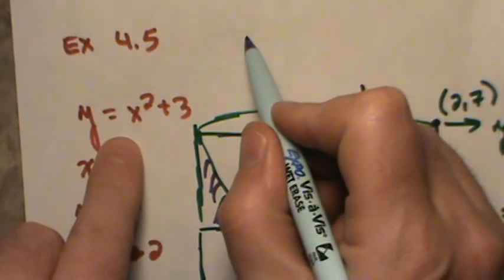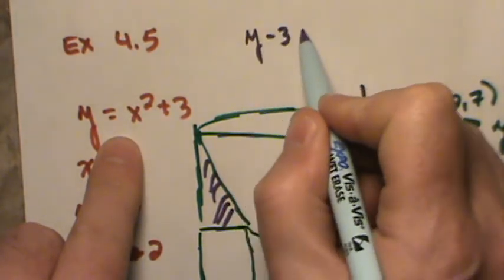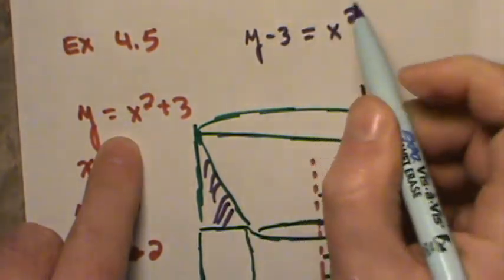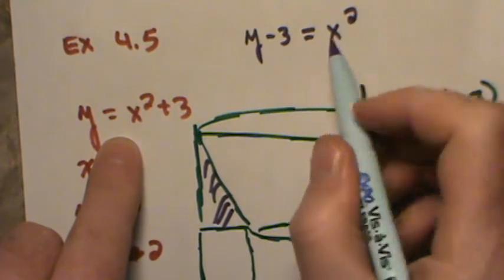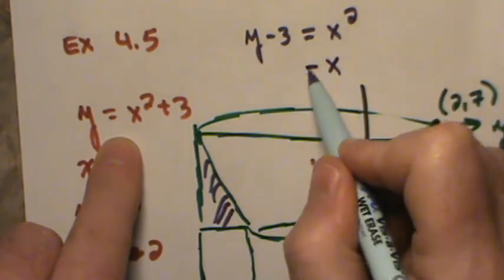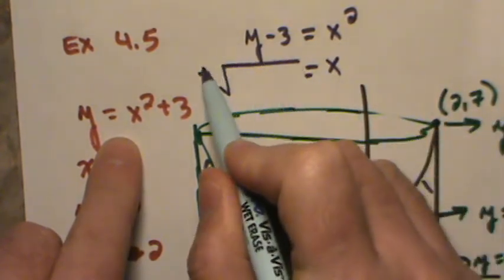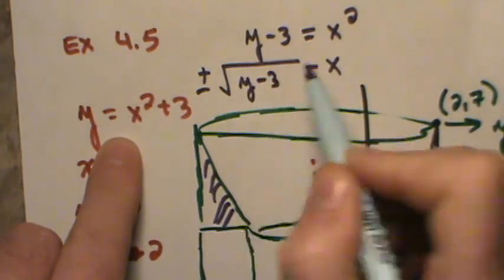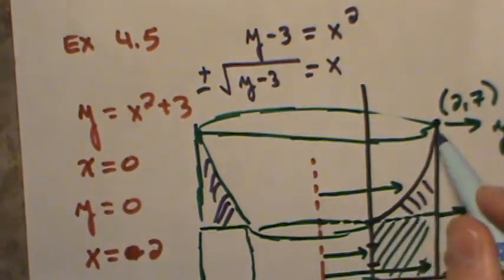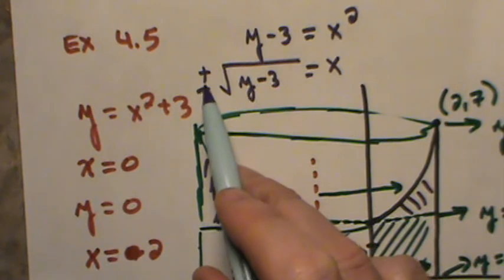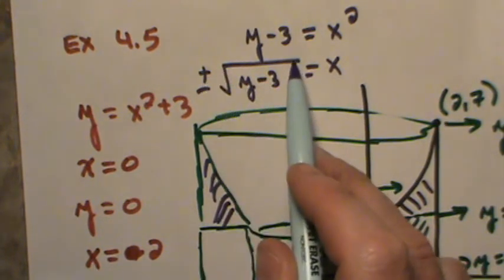So this would be y minus 3 equals x squared. Then I've got to root that. When I root it, I have x equals plus or minus the square root of y minus 3. Because I'm only dealing with the positive part of that parabola, it'd only be the positive root.